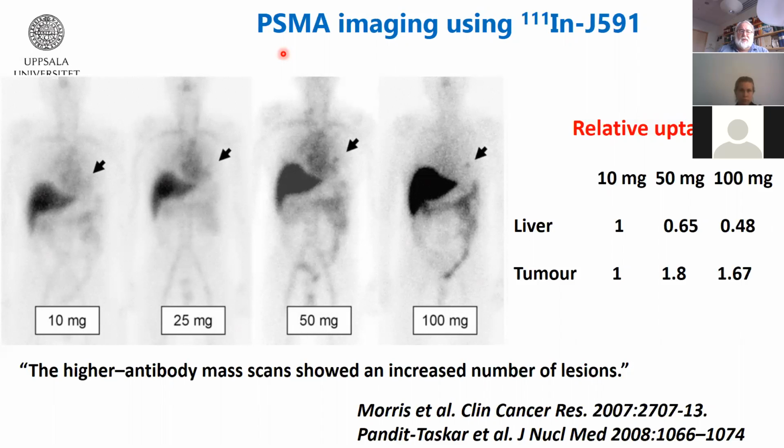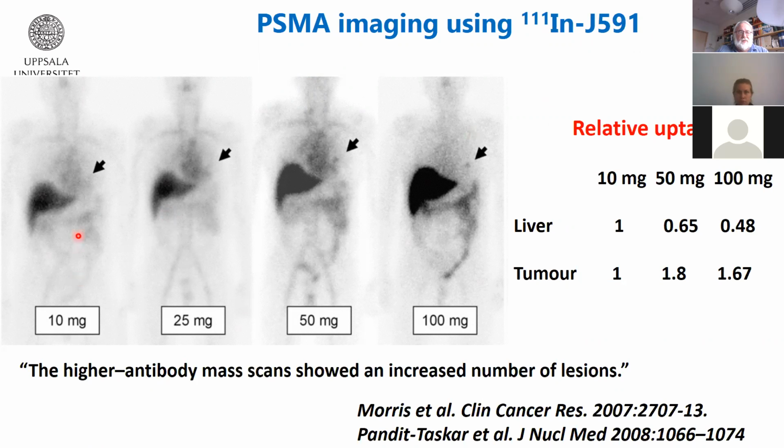Nowadays, John Babich and Uwe Haberkorn have developed a short peptide which binds to prostate-specific membrane antigen with high affinity. However, the first attempt to image and to treat was performed using an anti-PSMA antibody, J591.